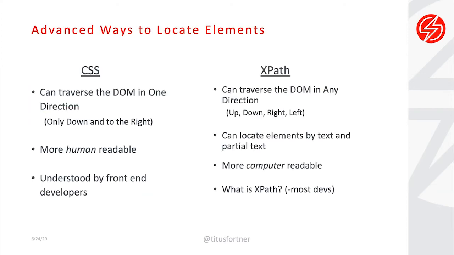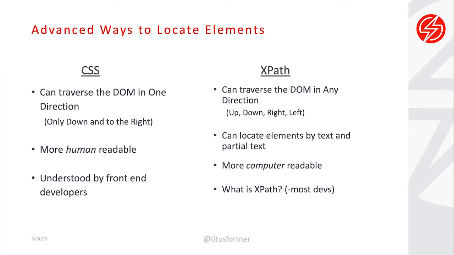So, a quick discussion of CSS versus XPath. There are two things that XPath can do that CSS cannot. XPath will allow you to traverse the DOM up and to the left, whereas CSS only allows you down and to the right. Sometimes it is easier to locate an element by finding a sub-element that's got an ID, and then going up to the grandparent or whatever.